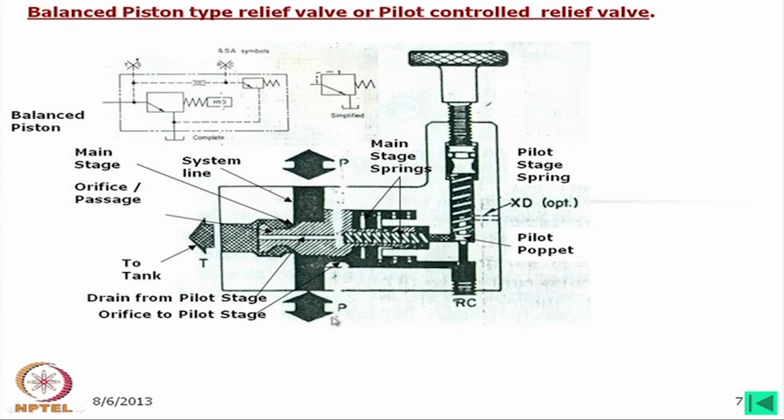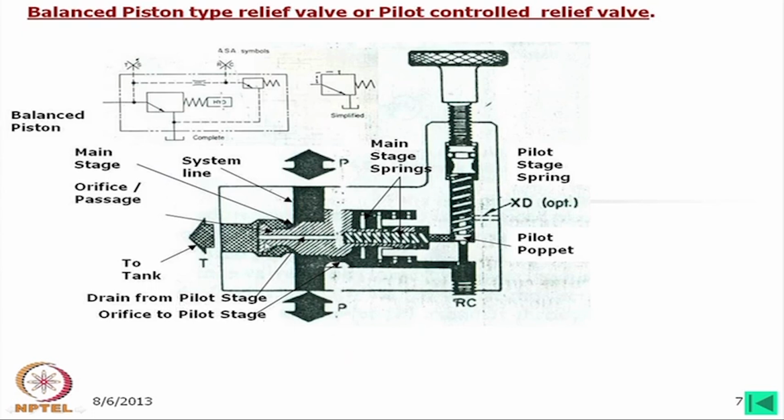Now, what is there? This is the main poppet, piston, main piston type, and this is the main stage orifice passage.